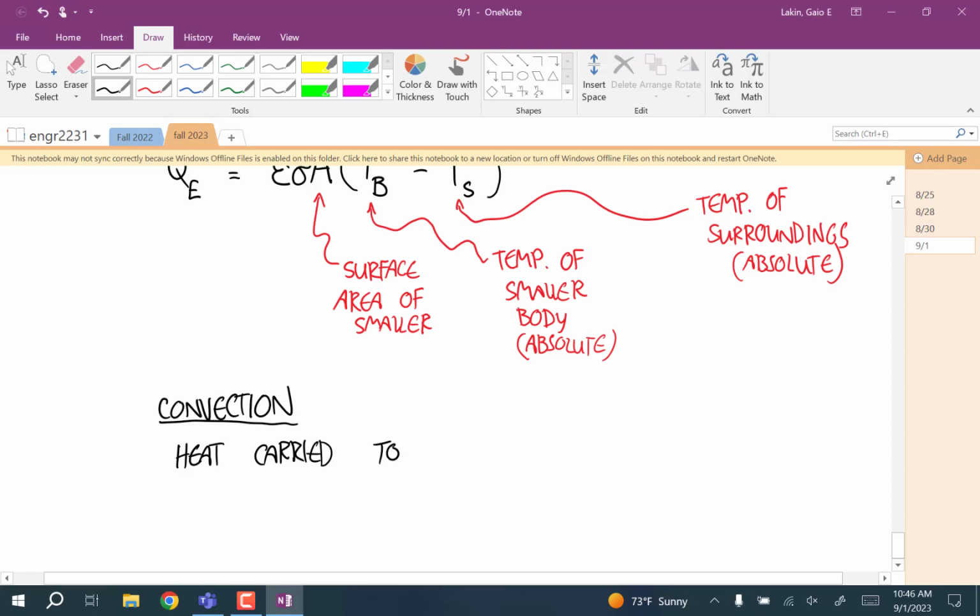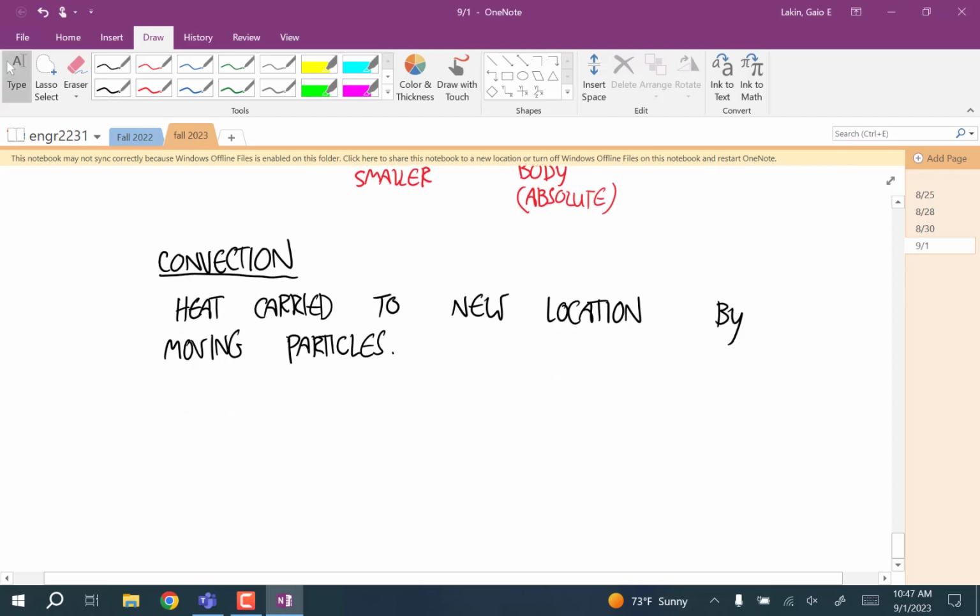The formula for this: Q dot is equal to H times A times T sub B minus T sub F.